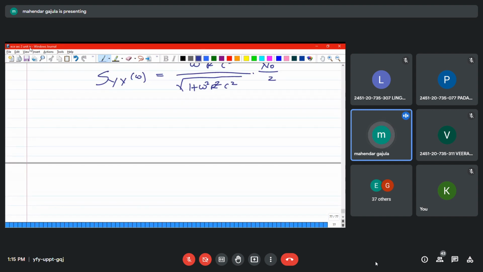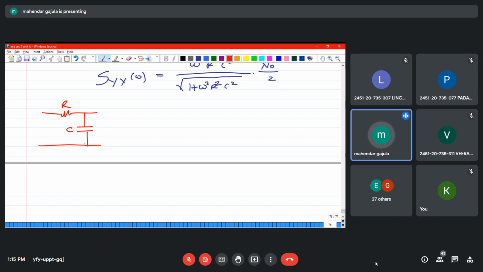So for practice, I'm giving you more problems. This is R, this is C. So in frequency domain, how do you write R? R itself.